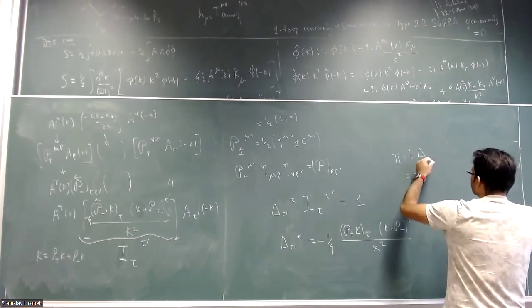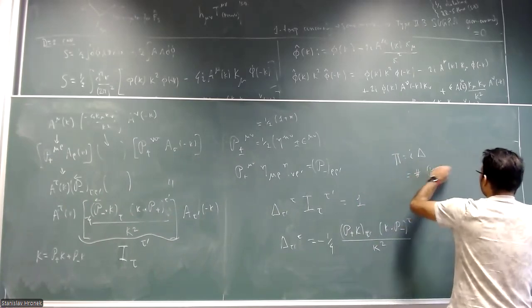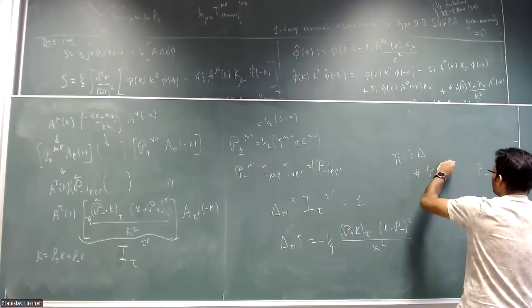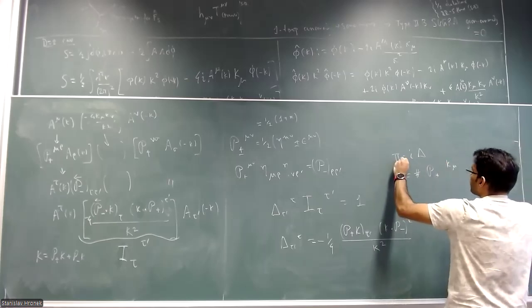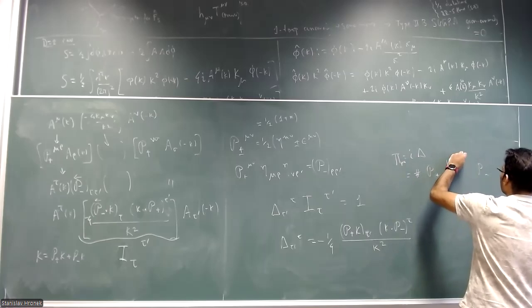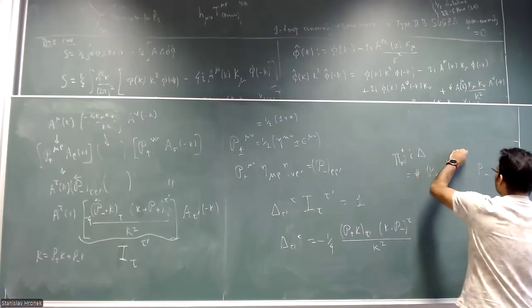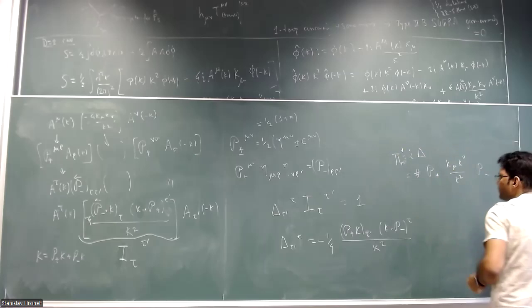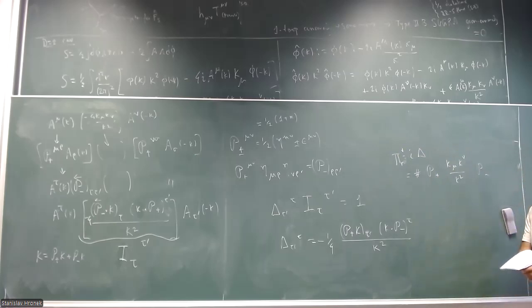Essentially, it's sandwiched between p plus and p minus, but it's essentially k mu, which is precisely the propagator that they found or proposed.